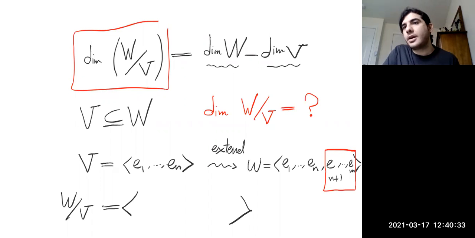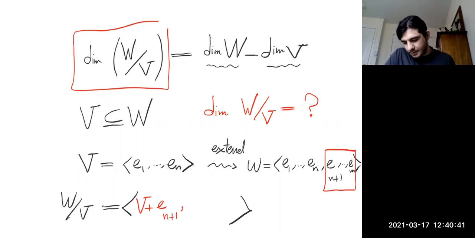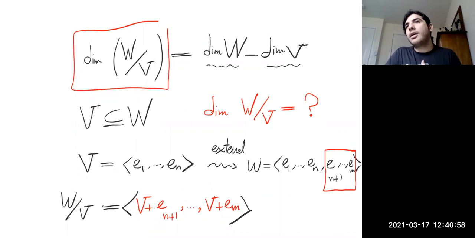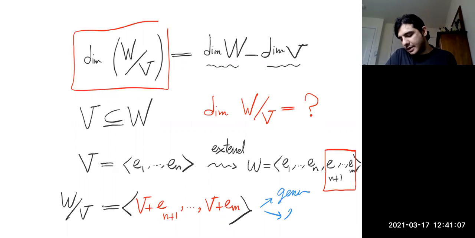These vectors themselves are not in the quotient space, but if I add them to V, I would get elements in the quotient space, right? So these things are in the quotient space. The definition of quotient space was V plus a vector. And I claim they form a basis for the quotient space. So I should show they generate the space and they are linearly independent.